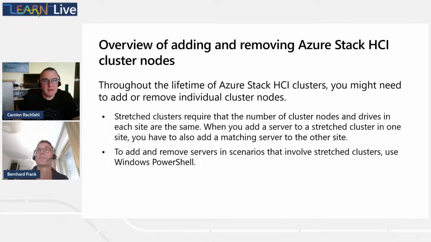Yeah. So let's look a little bit into the stretch cluster scenario that you were talking about, because if I would remove or add a node to a stretch cluster scenario, would one node be enough? No. You have to add on both sides a node because we have to have the same number of nodes on every side. You can't do three nodes on one side and two nodes on the other.